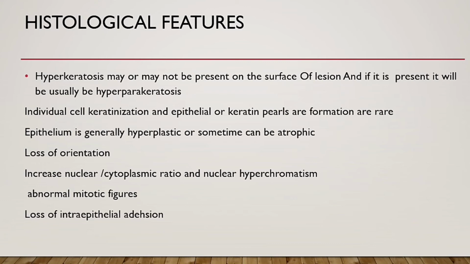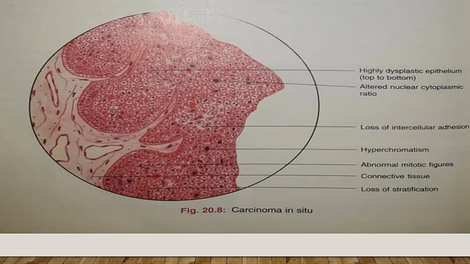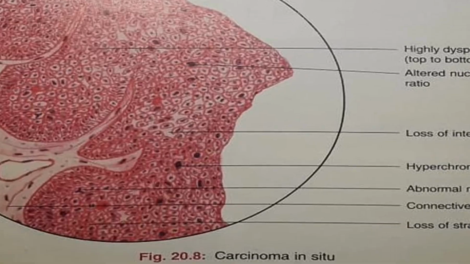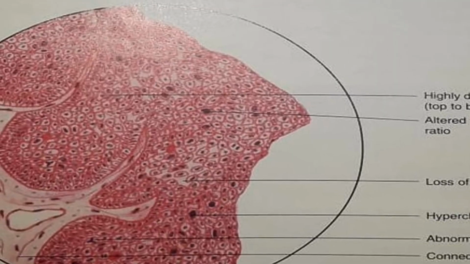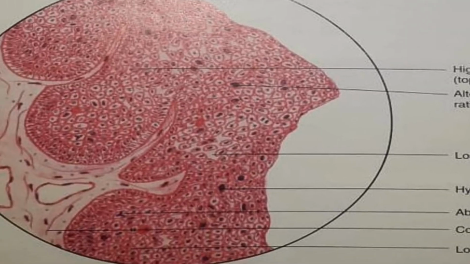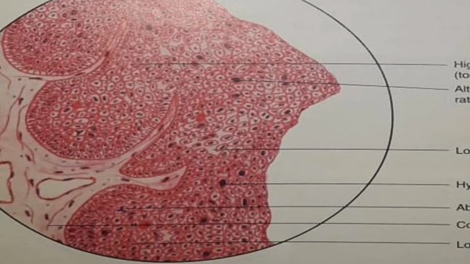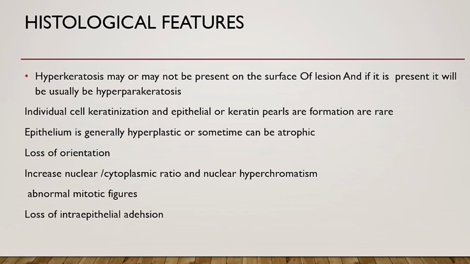So the epithelium's size, shape, or color changes and becomes hyperplastic, or it can also be atrophic. Also there is a loss of orientation. The cells and the shape of the epithelium are usually different from the normal shape and structure. And there is an increase in the nuclear cytoplasmic ratio.